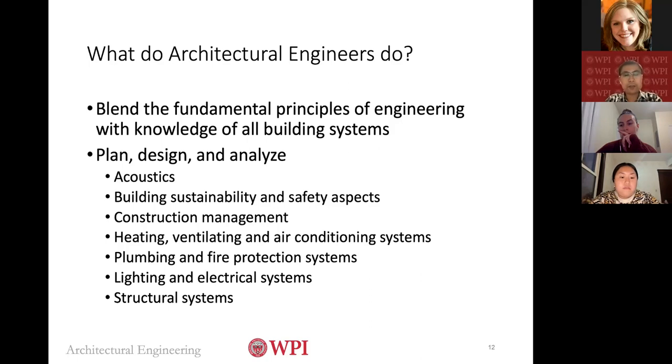We have a lot of students doing a minor in sustainability engineering. And the third one is construction management. HVAC is part of the mechanical system, along with plumbing, fire protection systems, lighting, electrical, and also structure systems. There are more elements, but these 7 categories are the major parts of architecture engineering.